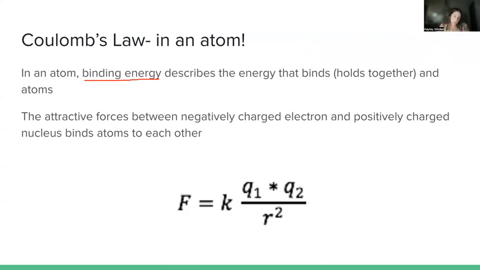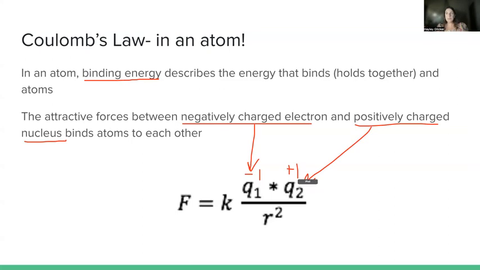It's the attractive forces between our negatively charged electron, so we can say Q1 is going to be -1, and our positively charged nucleus, if we have one proton, we can call this +1. And just like we talked about with the Bohr model, the lower the energy level, the closer that electron is to the nucleus, and as such, it's going to have a stronger attractive force that holds those together.